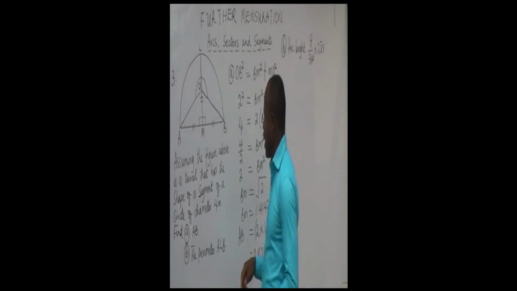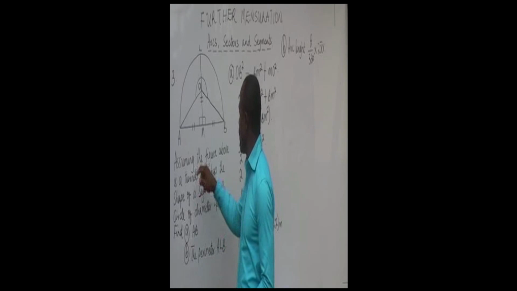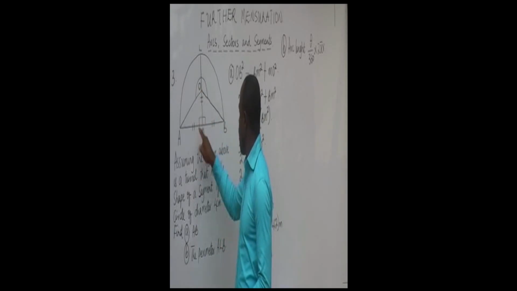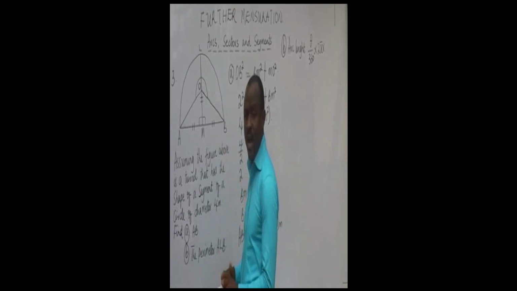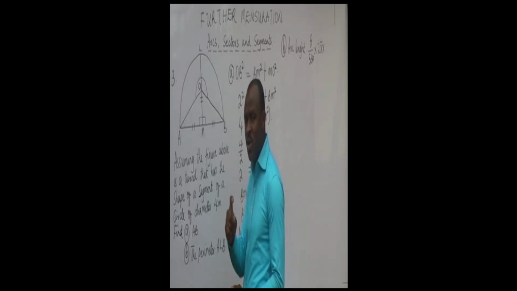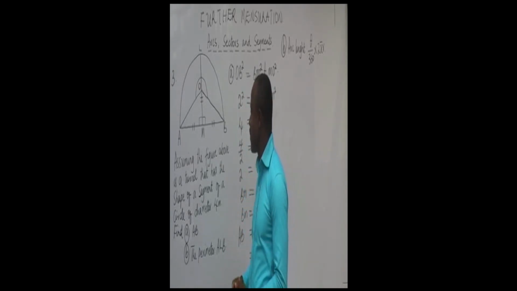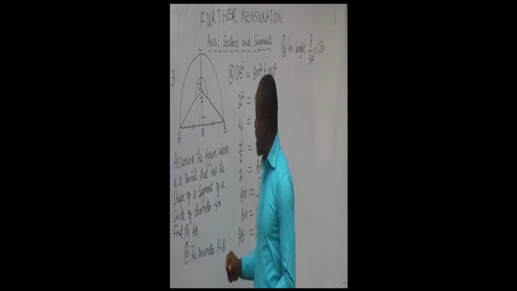If you look closely here, you discover that triangle OMB is an isosceles triangle. And it is not only an isosceles triangle, it is a right-angled isosceles triangle. Why do I say that?